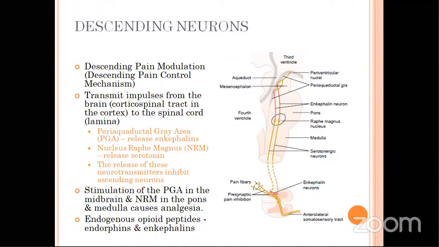Similarly, the body itself secretes certain substances, like serotonin. So these opioid-like substances are responsible for decreasing the pain, and they are secreted by the human body itself. So that reduces the pain naturally. That is called the descending neurons.